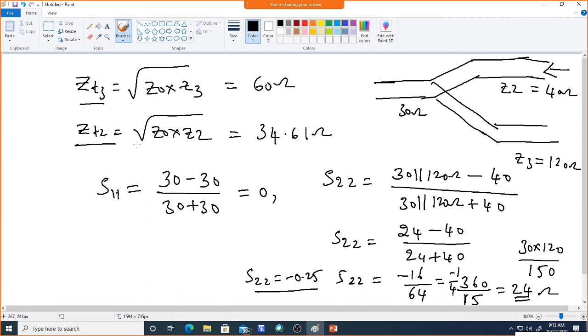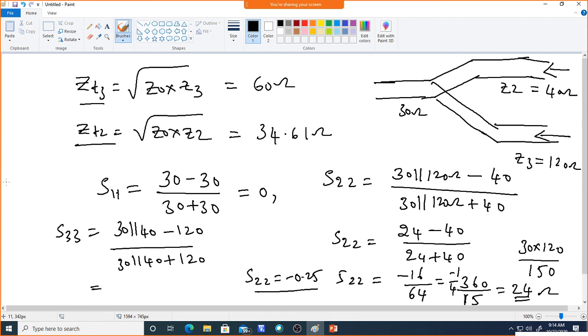Okay, and similarly calculate S33. So what is S33? Whenever you look into this port, these will become parallel to each other, and the load impedance is 120 here. So the parallel combination is 30 parallel 40 minus 120, divided by 30 parallel 40 plus 120. So now what is the value?